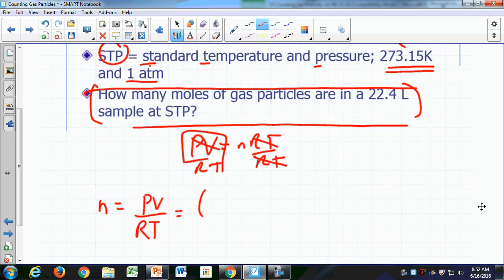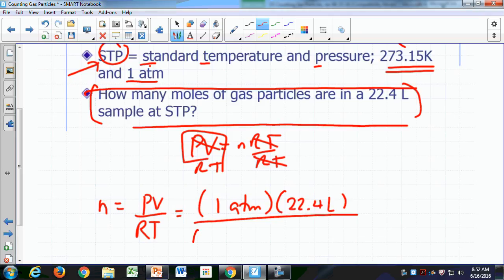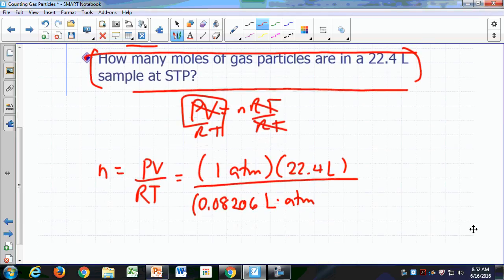So our pressure at STP is 1 atmosphere. We treat that as an exact number since we're defining that as STP. So it's a standard value. Volume is 22.4 liters, and our R is, if you recall, 0.08206 liters times atmosphere per mole per Kelvin.